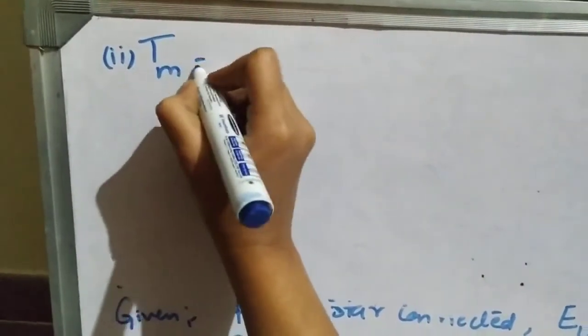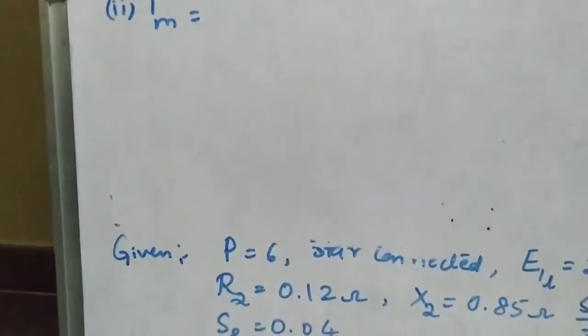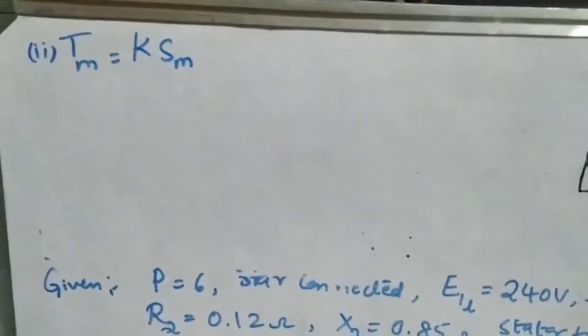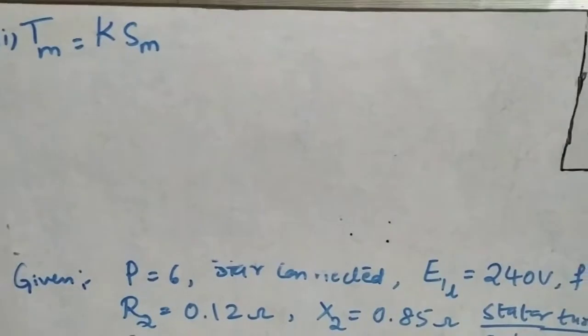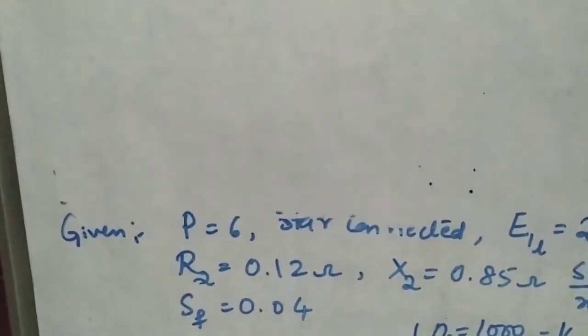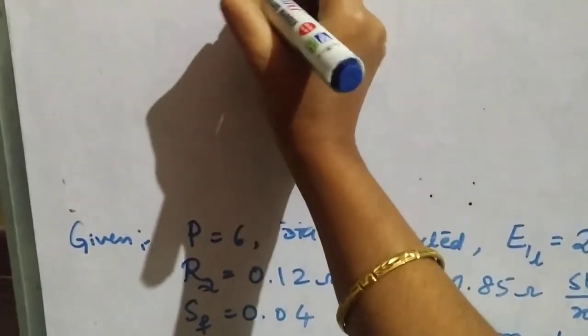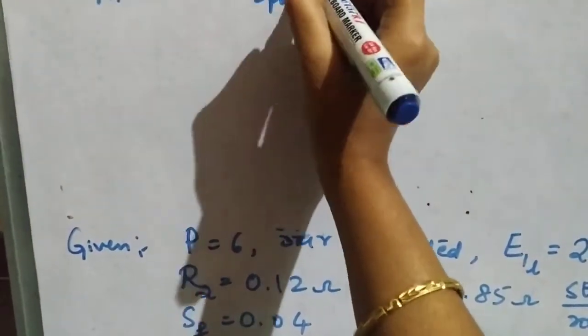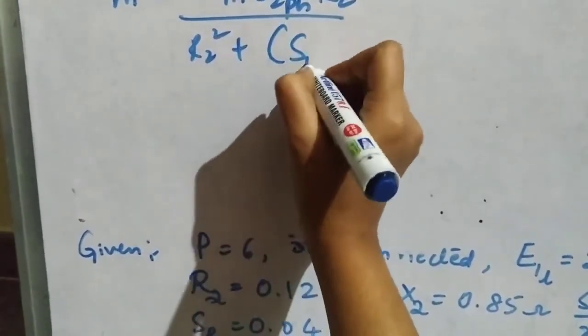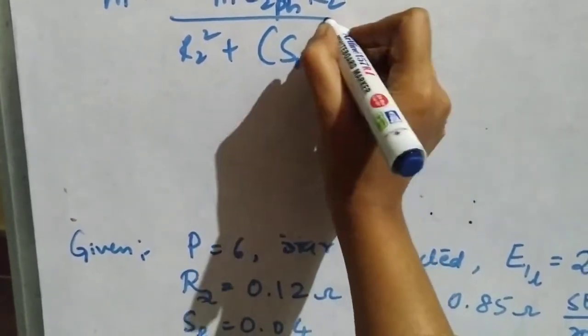Maximum torque is given by, as usual, the same formula, K into SM into E2 phase square into R2 divided by R2 square plus SM into X2 whole square.